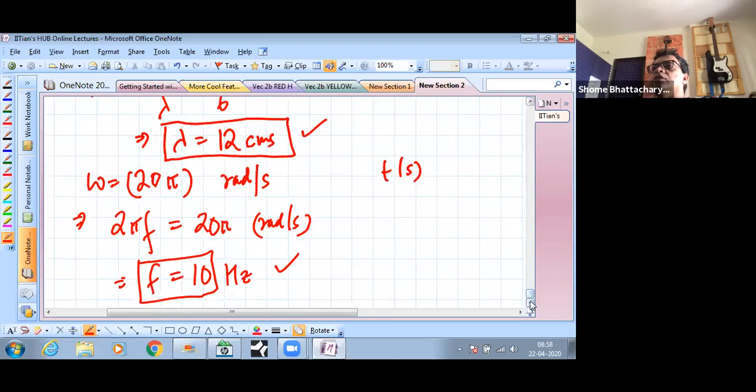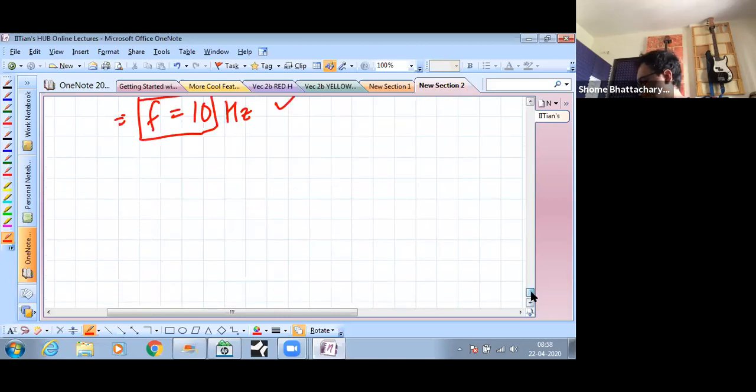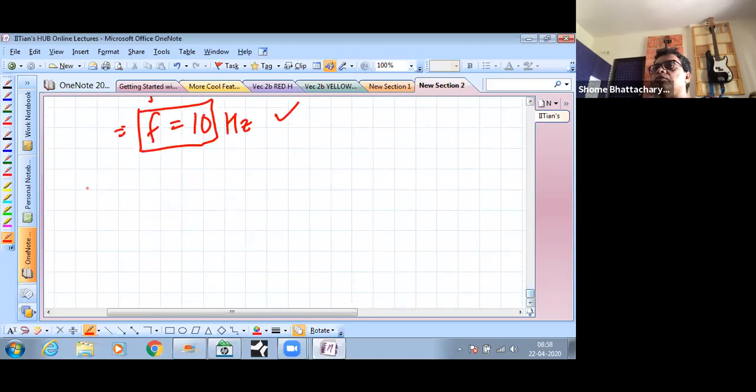And from this now we have the second thing, which is the wave speed. You can write it as f lambda or omega by k. So the wave speed becomes 12 centimeter into 10 hertz.